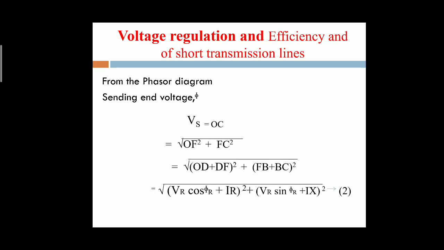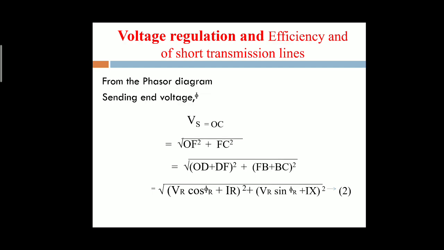Okay, this is equation number 2. Vs is OC, the sending end voltage. By using the triangular formula, hypotenuse is equal to the square root of adjacent side squared plus opposite side squared. That is OF square plus FC square.